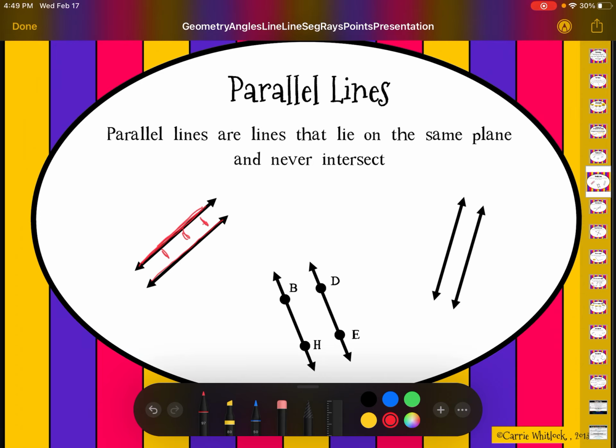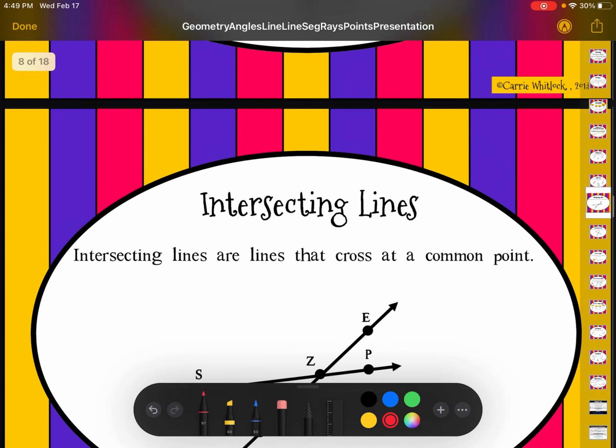On this middle one here, we would say that line BH is parallel to line DE. And then we have some more parallel lines over here on the right. Again, same distance apart, never will intersect.